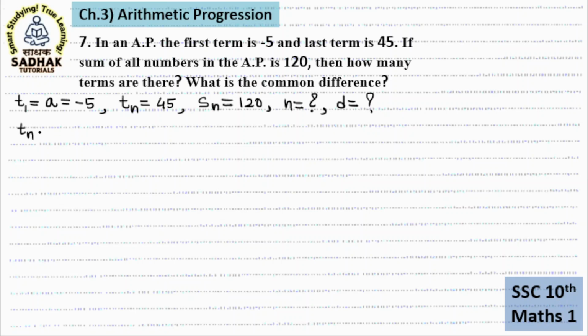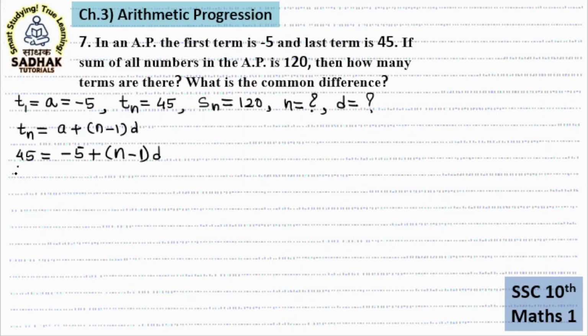So we know that Tn is equal to a plus (n minus 1)d. In this case, the last term Tn is given as 45. So 45 is equal to a, which is minus 5, plus (n minus 1), and d also we don't know, so we write it as it is.